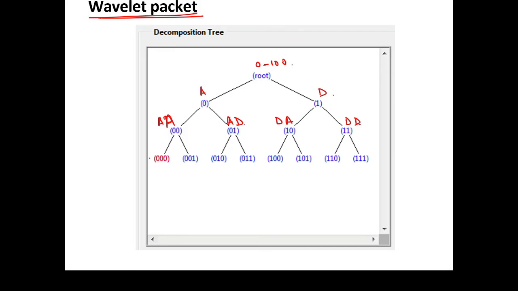Similarly, this would be AAA, AAD, ADA, ADD. Similarly, DAA, DAD, DDA, DDD. Okay, so even the detail coefficients are being broken down.